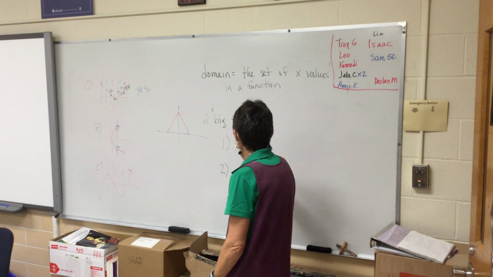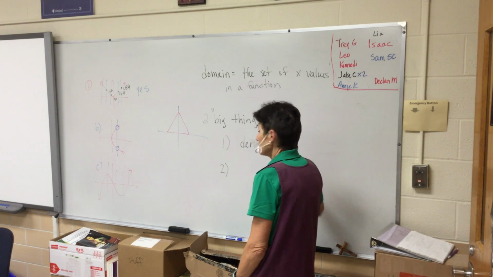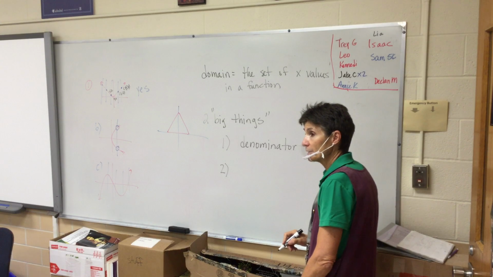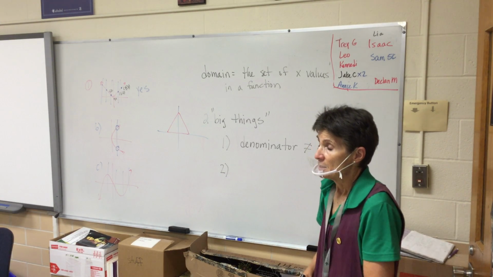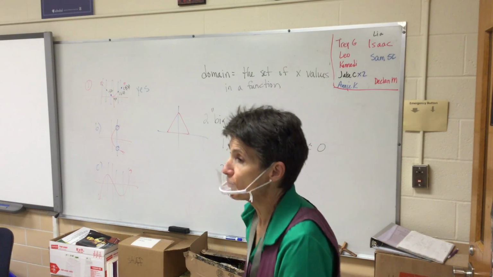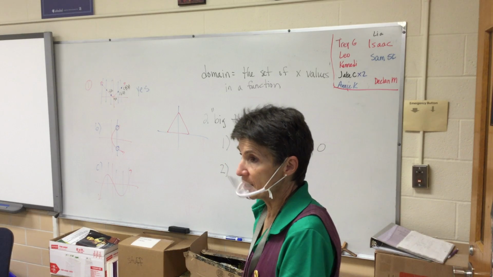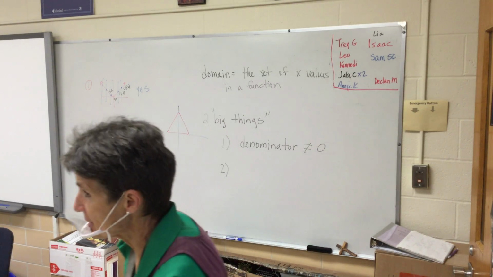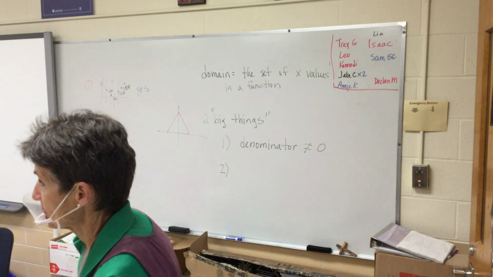First, the denominator, so there's that denominator, Clara, cannot be 0. So if you have a fraction, whatever you put in the denominator cannot be 0. We're going to do some examples.